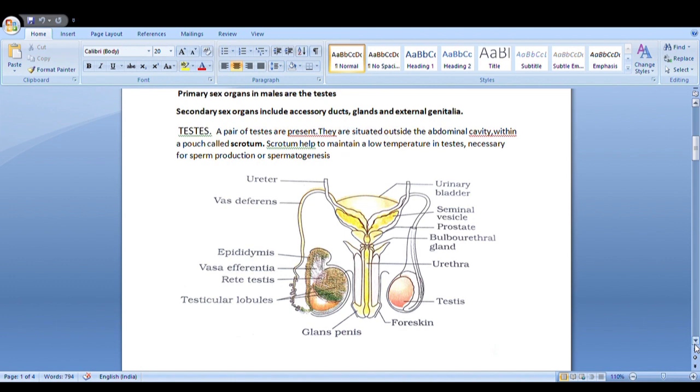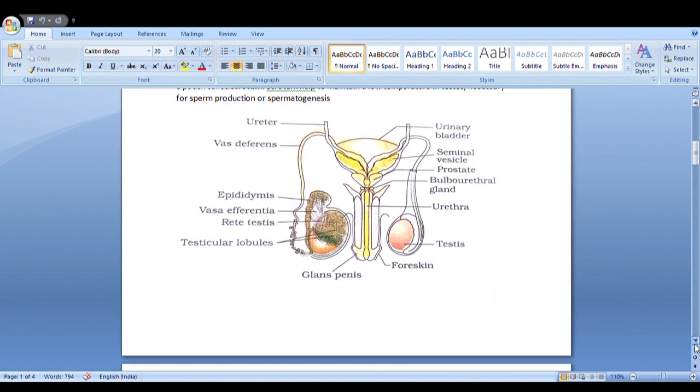See the diagram. A pair of testes can be seen there, one on either side. Tubes leading from the testes can also be seen there, and also the glands, secondary sex organs, the accessory glands. First of all, we can go to the detailed structure of testis.